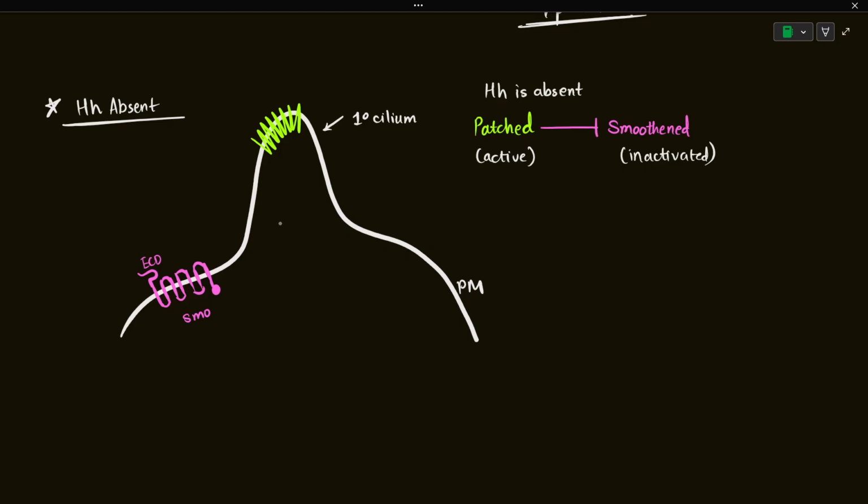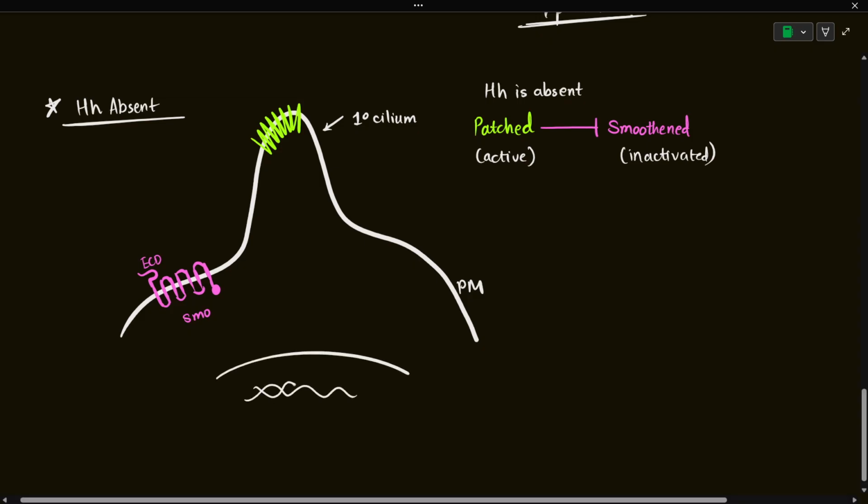Let's assume this is the nucleus and these are the genes, the HH responsive genes. If Hedgehog is not there, the Hedgehog responsive genes are in the repressed state.